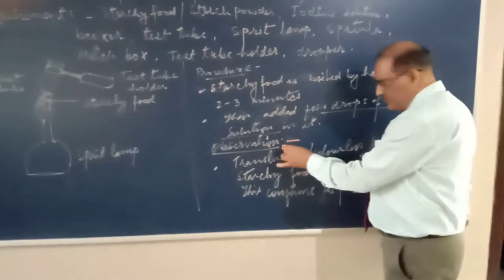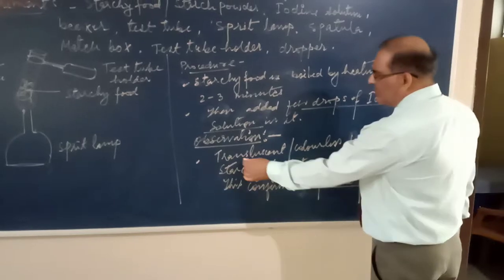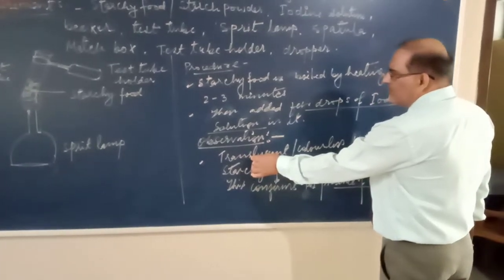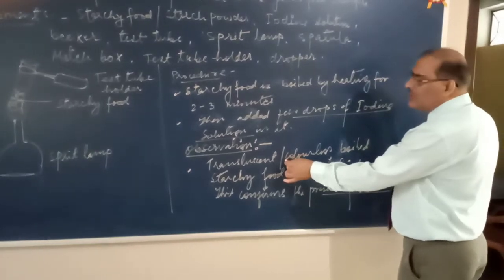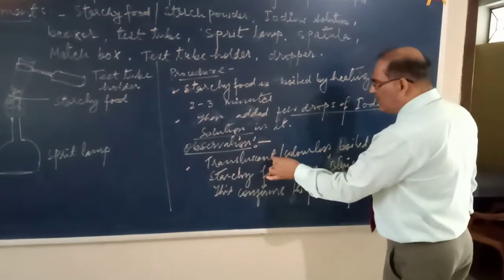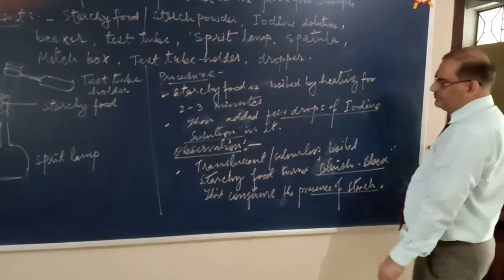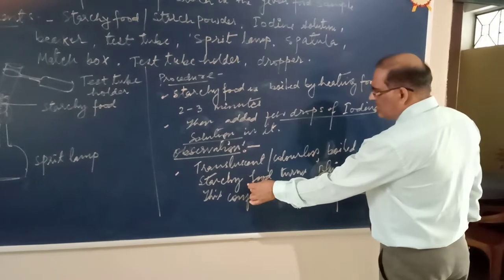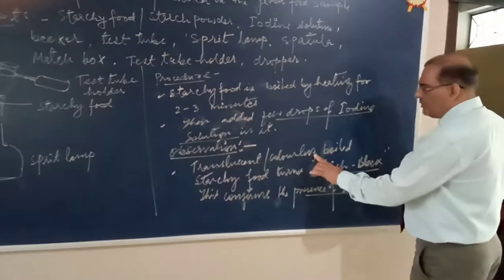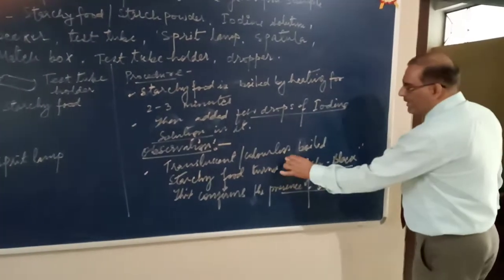See what happens. Observation: early in the beginning, the boiled food was translucent. Before adding the iodine solution, the food was translucent or colorless. But after putting the iodine solution, this colorless boiled starchy food turns blue-black.